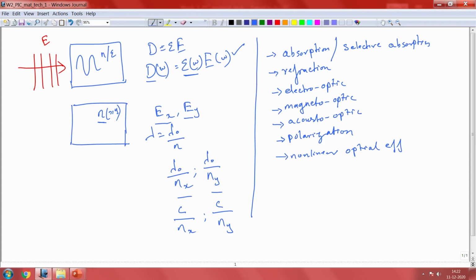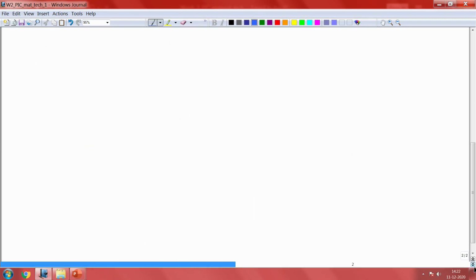So, let us look at some of the interesting interactions that are very fundamental. The first thing is light propagation inside the medium. So, I take a medium and then I would like to propagate this plane wave through this medium, and I want to know what is the speed at which light is going to propagate through this medium, right.